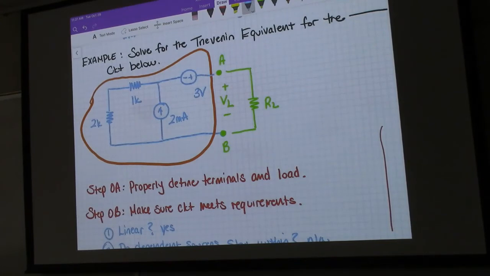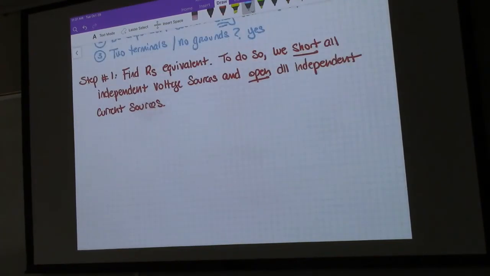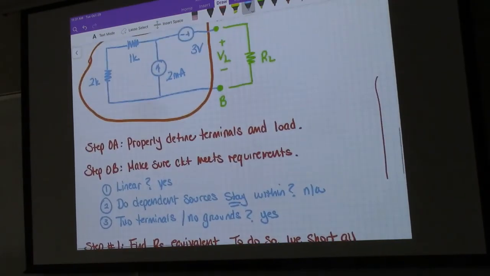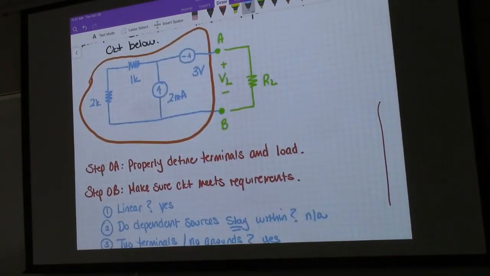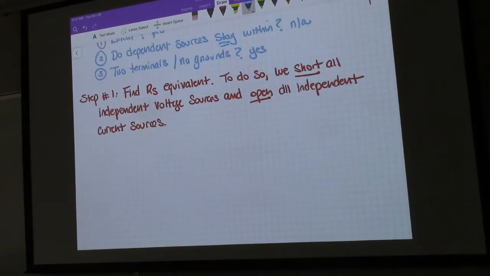Hence, that's why it's defined as such. So let's redraw the circuit, which is really easy to do. If the voltage source becomes a short and the current source becomes an open circuit, then all you're left with is the 2K and the 1K resistor. So you're left with something that looks like this.